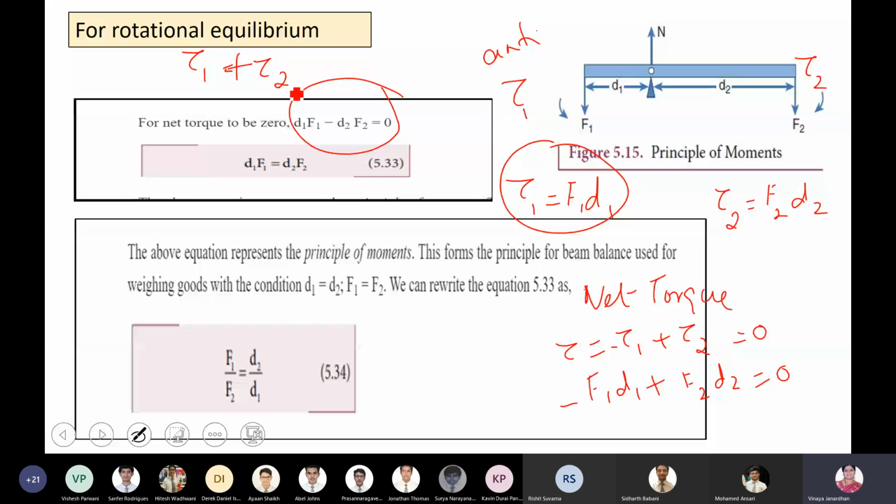It is up to us what we take as the sign convention. If I am taking anti-clockwise torque as negative, then tau 1 will be negative. Clockwise torque will be taken as positive, so tau 2 will be positive. So I'm taking this as positive, this as positive, this as negative.